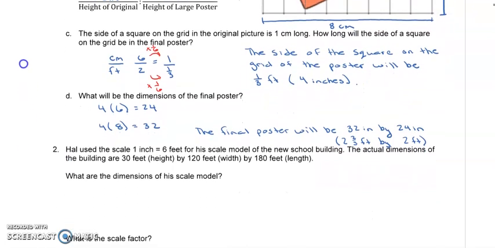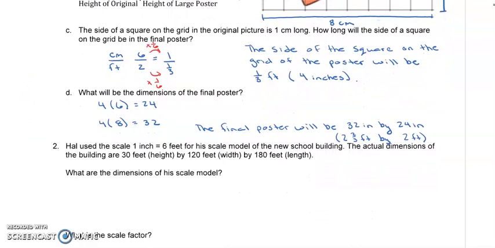All right, number 2. Hal used the scale 1 inch equals 6 feet for his scale model of a new school building. The actual dimensions of the building were 30 feet, and that's the height, by 120 feet the width, by 180 feet the length. So we're going to practice our scaling here again.